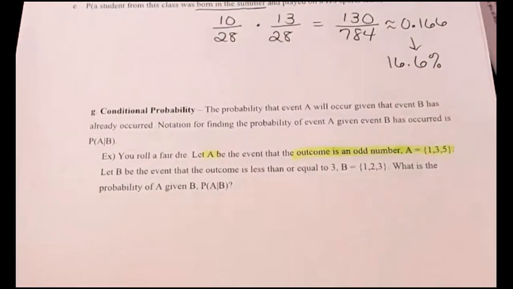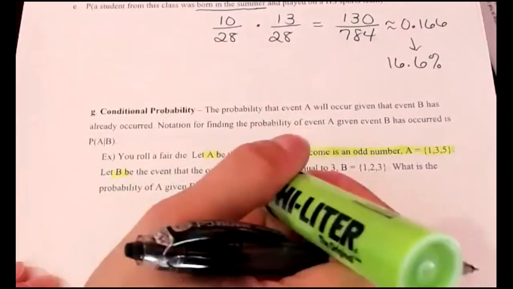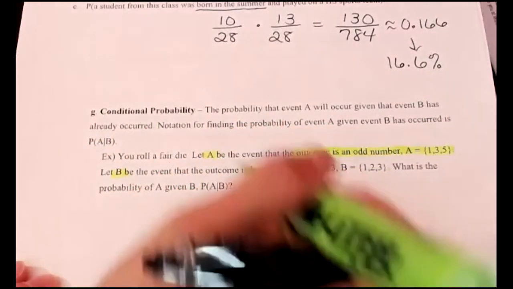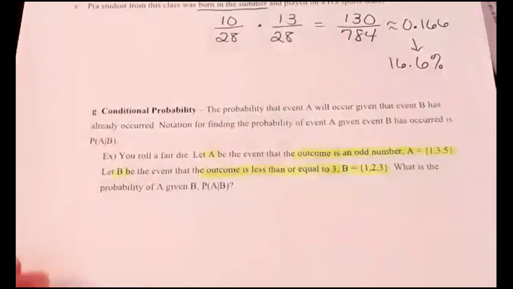So we know that for event A, the outcomes are 1, 3, 5. Then you want to let B be the event that the outcome is less than or equal to 3. So I'm going to highlight that as well. B is the set of values where the outcome is less than or equal to 3. So B is 1, 2, or 3.